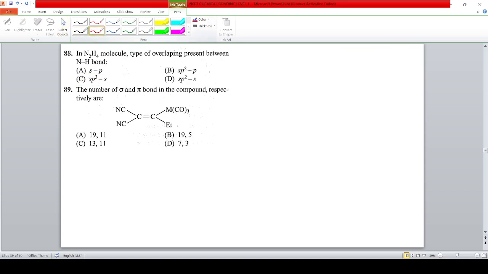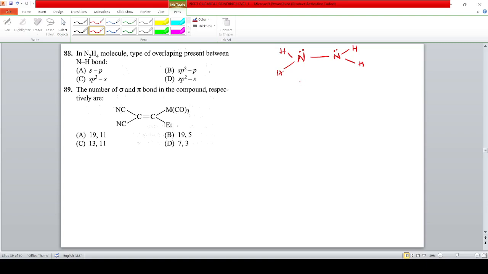88. In N2H4, what type of overlapping is present between N and H bonds? So listen. This is N2H4. What is the hybridization of nitrogen?